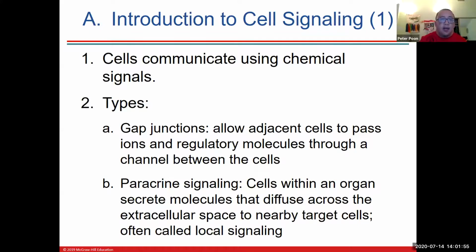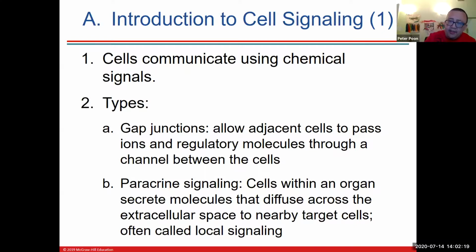All right. So cells communicate using chemical signals. Gap junctions are small gaps in between cells where the signal can travel from one cell to another. Paracrine, para, around.